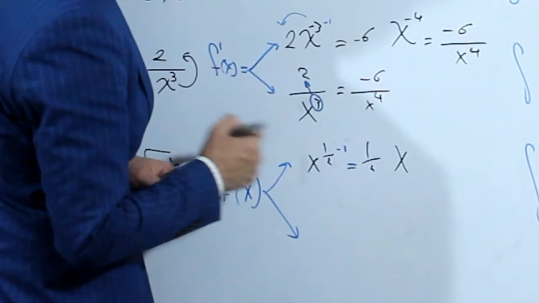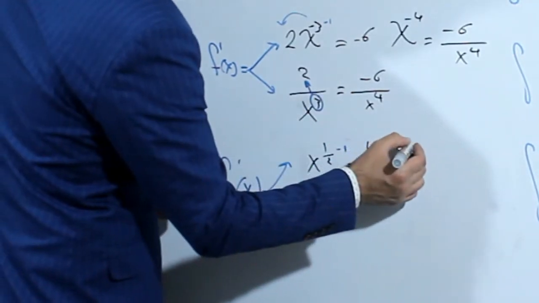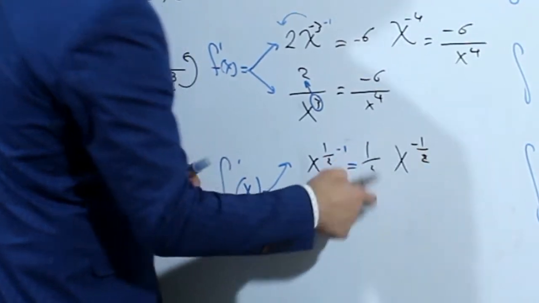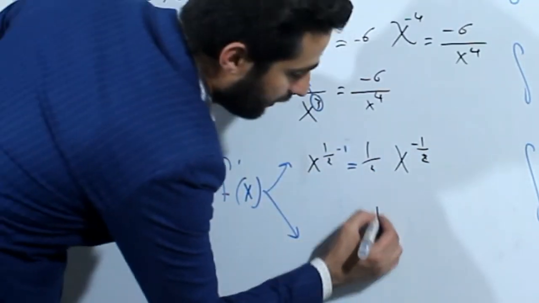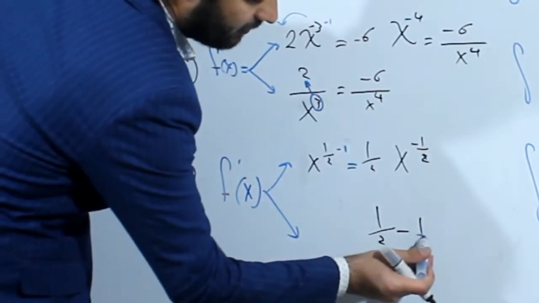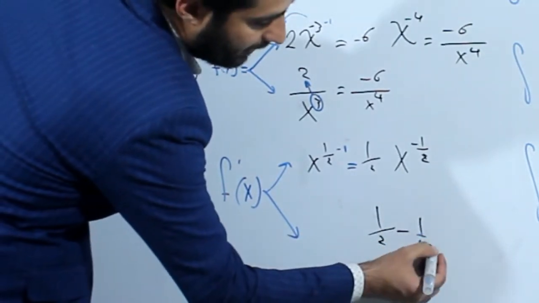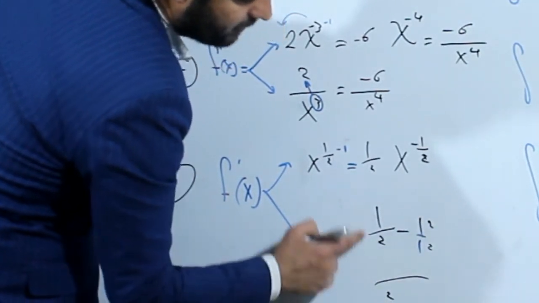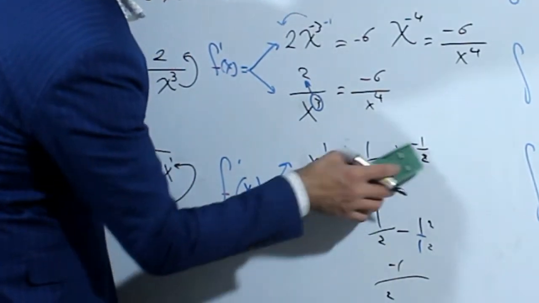So x to the power of half minus 1, it means minus 1 over 2. If you don't understand this, guys, you can do it by yourself. 1 over 2 minus 1. How can we do this? You can write the denominator for both and make the same denominator, multiply by 2, and we have 2. 1 minus 2 is minus 1. So the answer is minus 1 over 2.